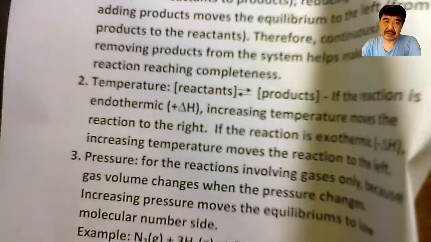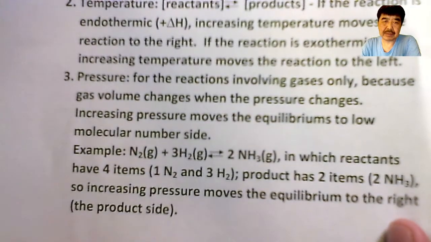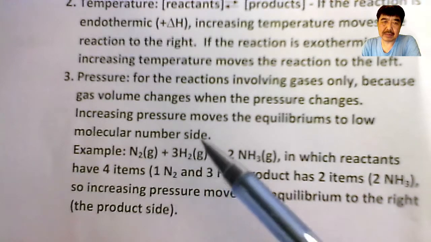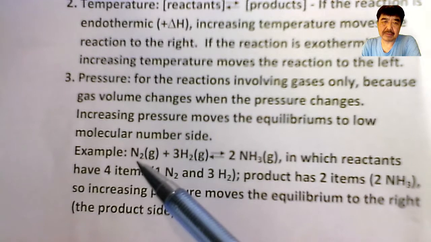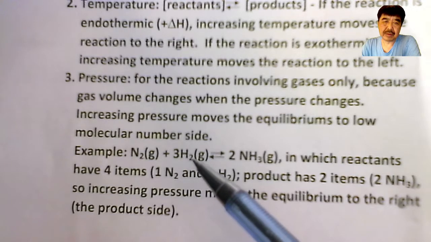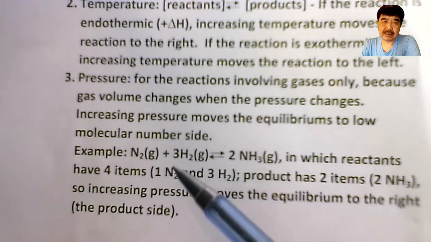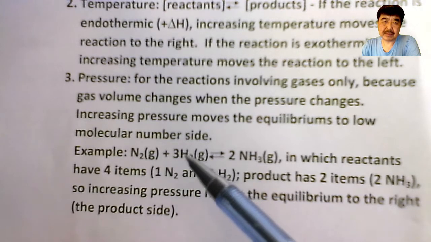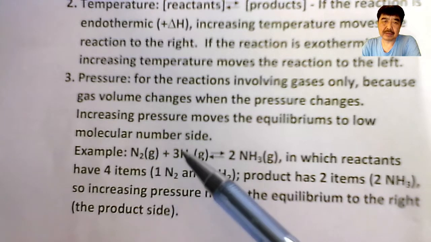Take a look at the example. This is nitrogen reacting with hydrogen. One mole nitrogen reacts with 3 moles hydrogen to form 2 moles ammonia gas. You can see on the left side, the reactant side, there are 4 moles: 1 nitrogen, 3 hydrogen.